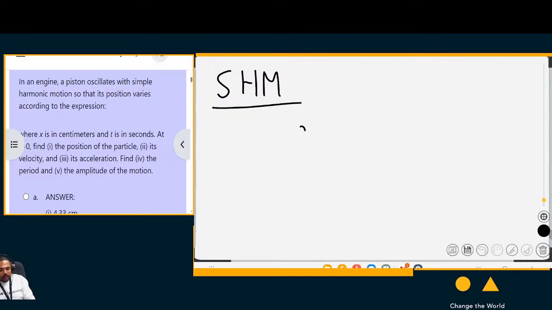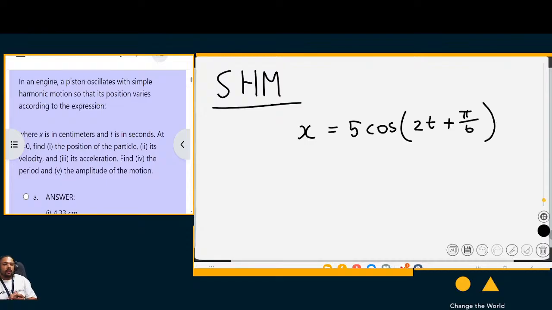The position x is equal to 5 cosine(2t plus pi over 6), where x is in centimeters and t is in seconds.